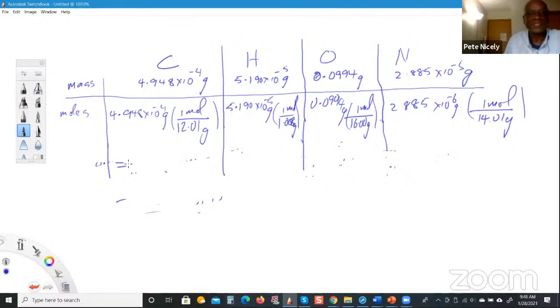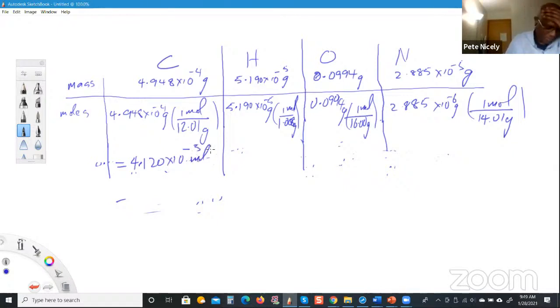So let me do this one firstly. 4.948 times 10 to the minus 4 divided by 12.01. According to my calculations, this works out to be 4.120 times 10 to the minus 5 moles.